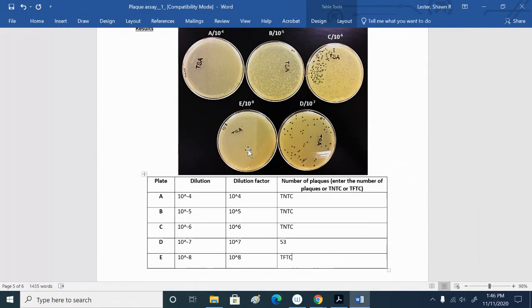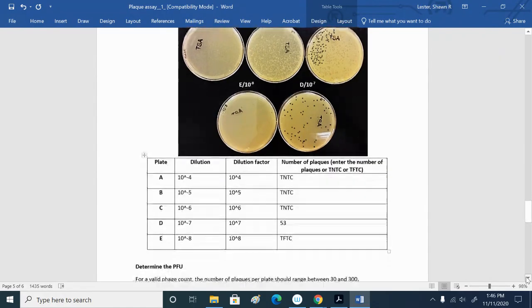Our students' technique is so good that even though the plate is too few to count, it actually has the correct number you would expect based on the plate that's countable. So it is possible to get accurate results doing this procedure. And sometimes our students do such a good job pipetting that they get exactly what you would expect.